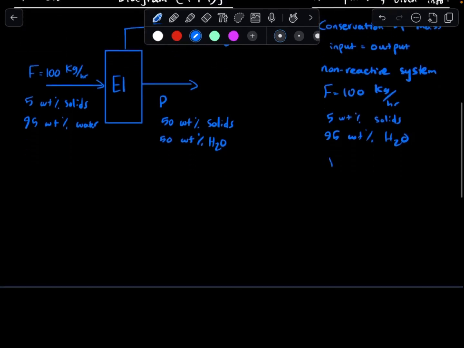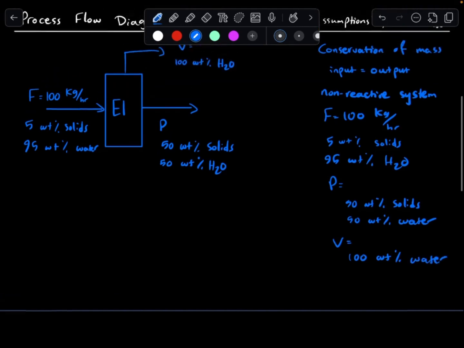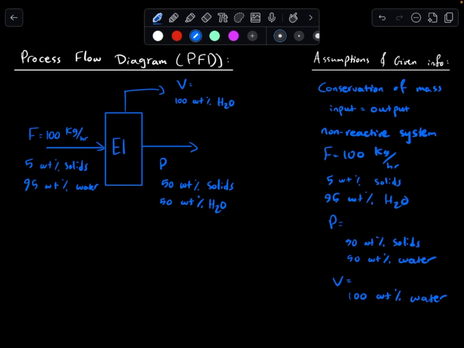So for the product side, we have 50 weight% solid, and same thing for water. And then for the vapor stream, it's purely water. Great. So now that we have our assumptions, given information and the process flow diagram, we can go ahead and start solving the problem.